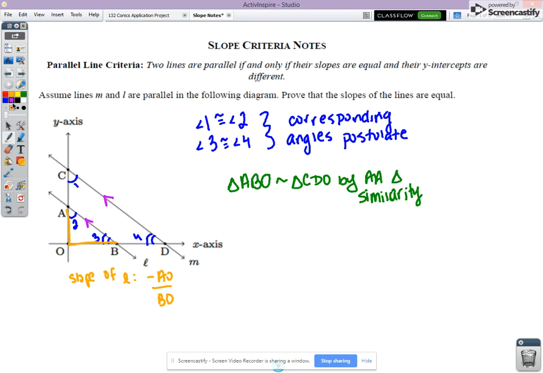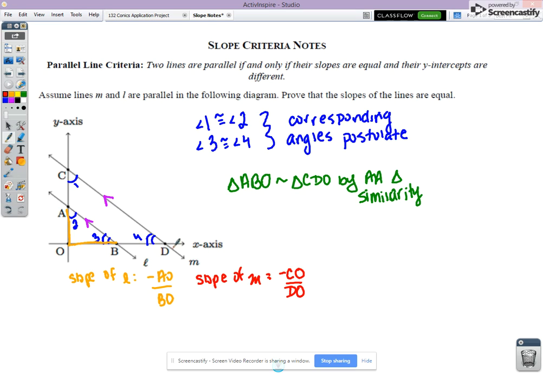And for line M, I'm going down CO and right DO. So the slope of M would be negative CO over DO. Okay, that's just based on rise over run.